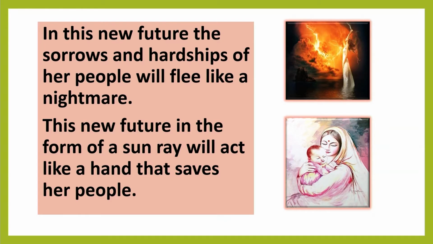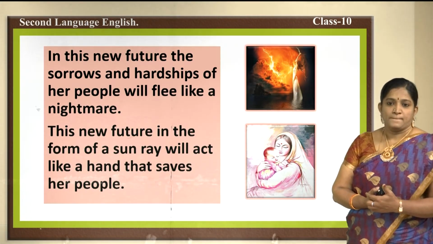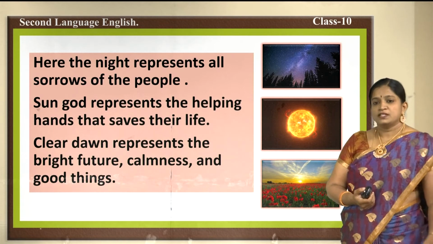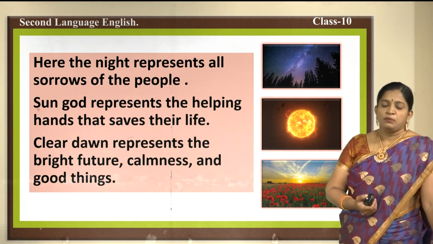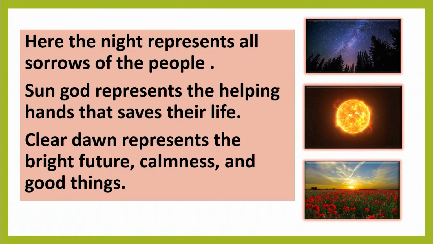Look at the images, children. The mother is holding her child, she is protecting, she is giving a comfort, a secured feeling for the baby. Mother India promised that she will secure her children in a protective way. Observe these pictures, children. The first image is the image of night, second one sun god, third one dawn.